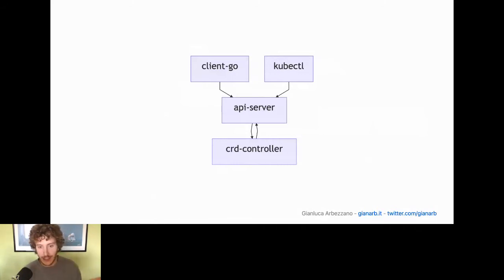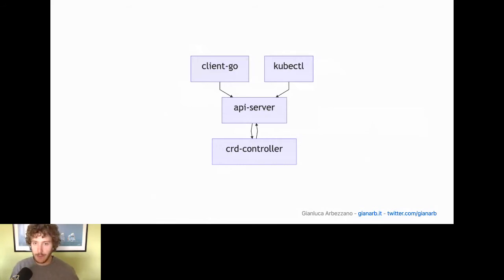The way CRDs work is in this way. So you have the API server, that is a Kubernetes component, and you deploy your CRD controller in Kubernetes, and you register the CRD to the Kubernetes API server.